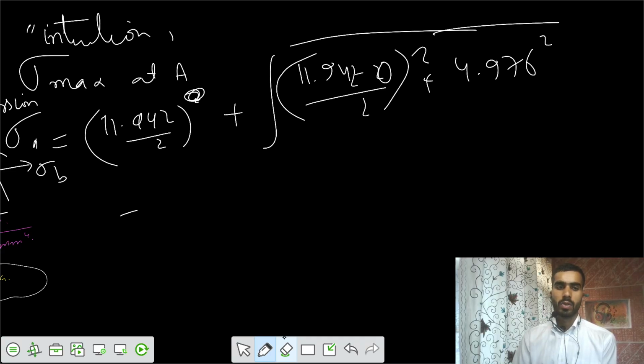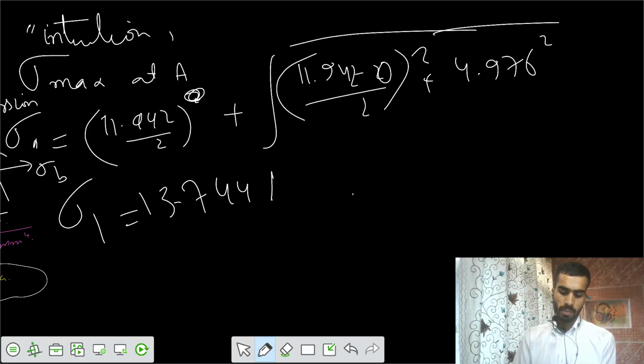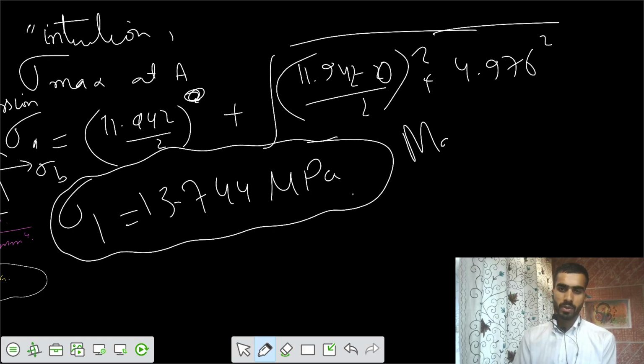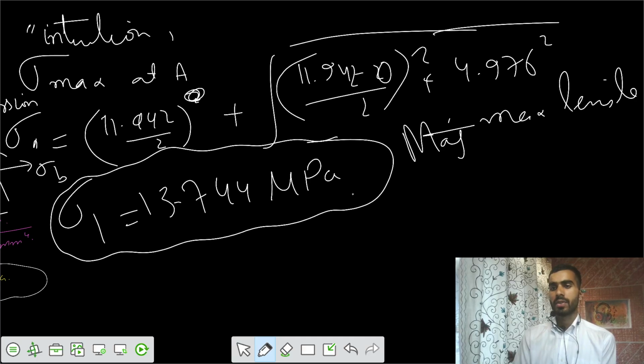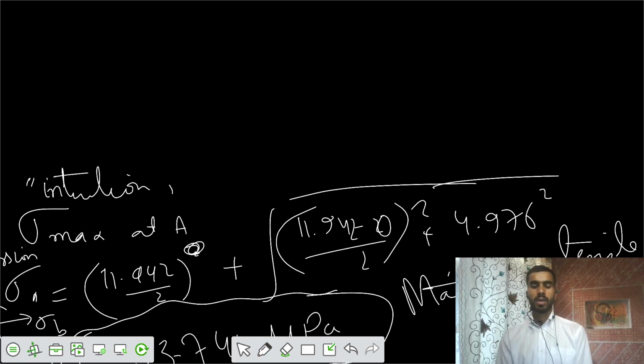So you got the maximum value equal to 13.744 megapascal. So this is your major principal stress, or the maximum tensile stress that has developed because of the given loading.